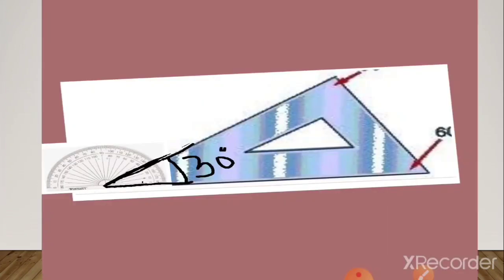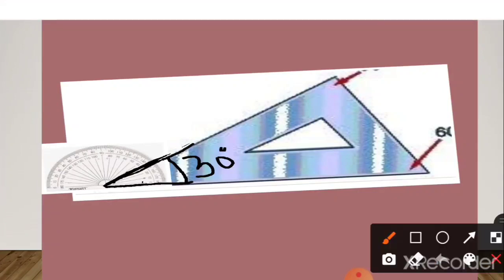Now first of all, what you need to do, you have to place your protractor here, and the vertex of your set square, the point where the angle is formed, should coincide with the midpoint of the protractor. Students, you must remember, in the previous video we learnt how to measure angles.